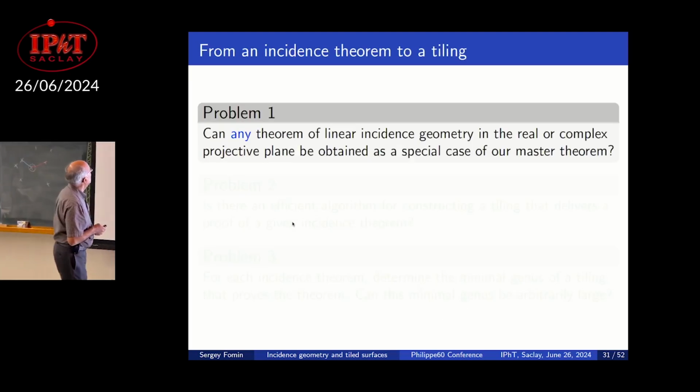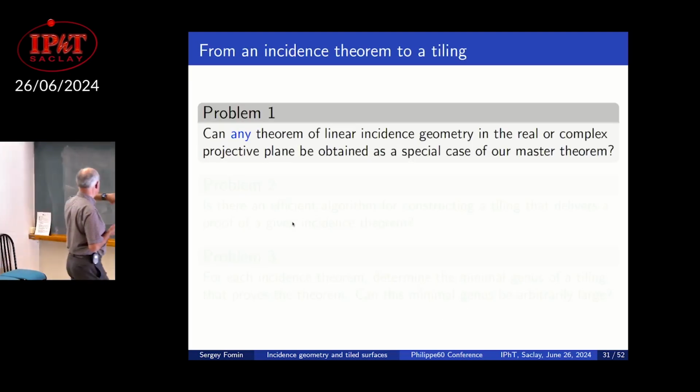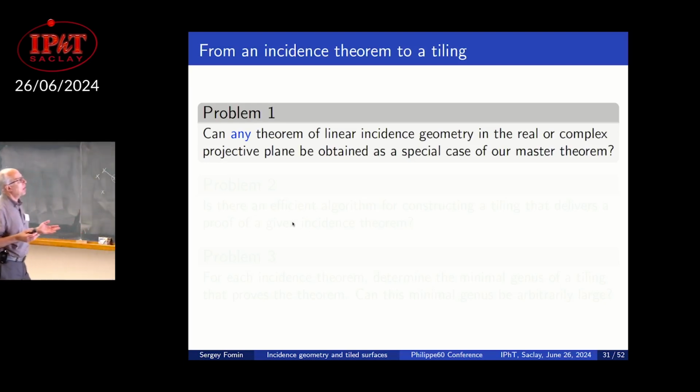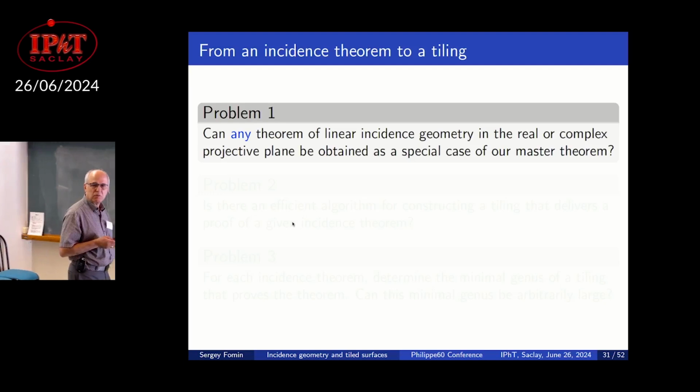So, which problems remain? Well, the first natural question is, can any theorem of linear incidence geometry in the real or complex projective plane be obtained as a special case, right? We don't know.